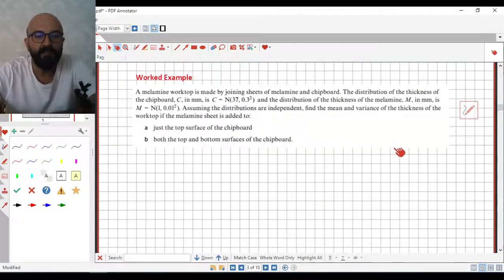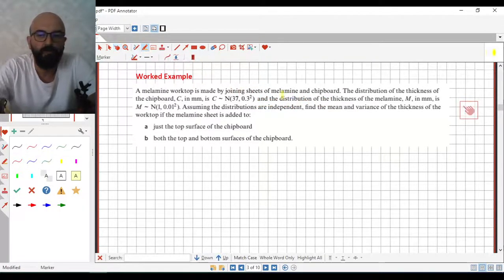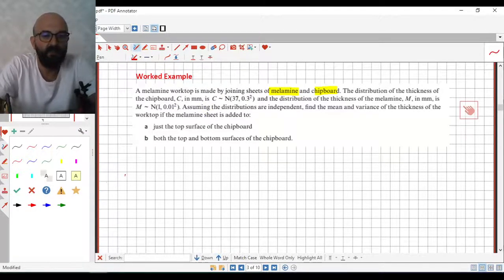Now in the other example, a melamine worktop is made by joining sheets of melamine and chipboard.